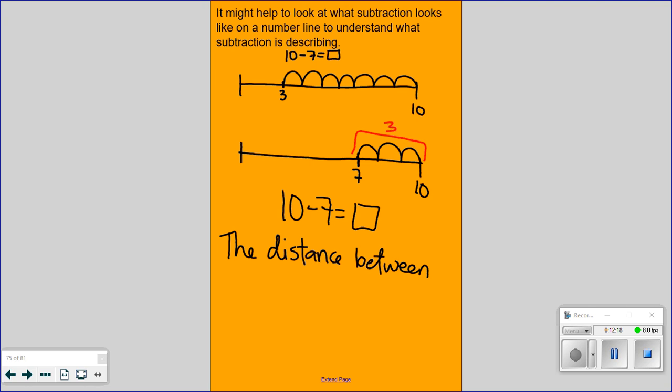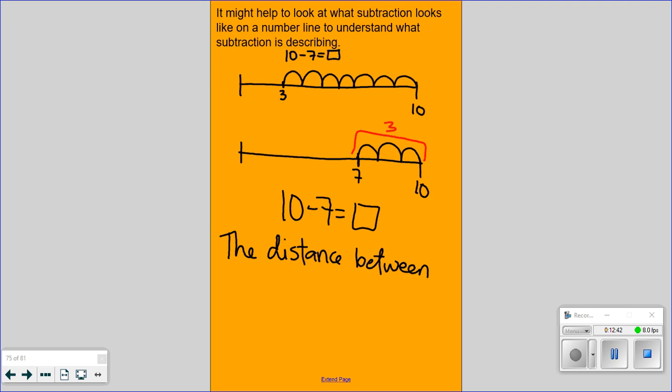The distance between what 2 numbers? Tells us right in the equation. Carl, what are the 2 numbers that we're trying to find the distance between? Nope. Look in our equation.